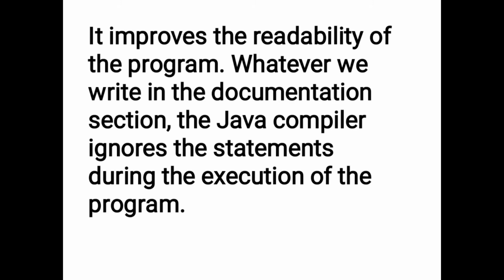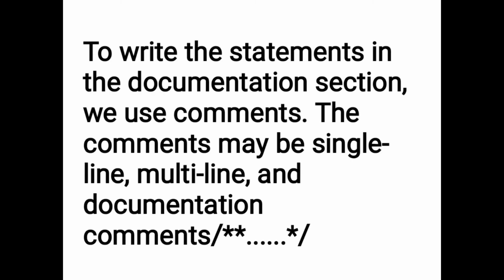Whatever we write in the documentation section, the Java compiler ignores during the execution of the program. To write the statements in the documentation section, we use comments. The comments may be single line, multiple line, and documentation comments. And this third one, the documentation comment, is written like this.